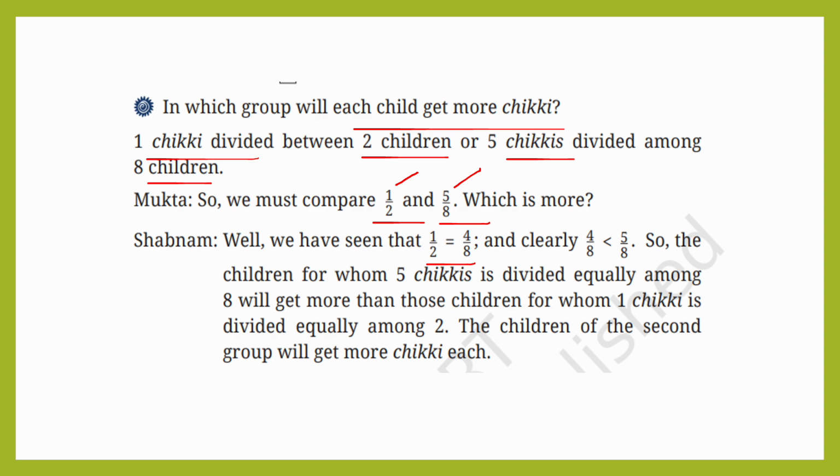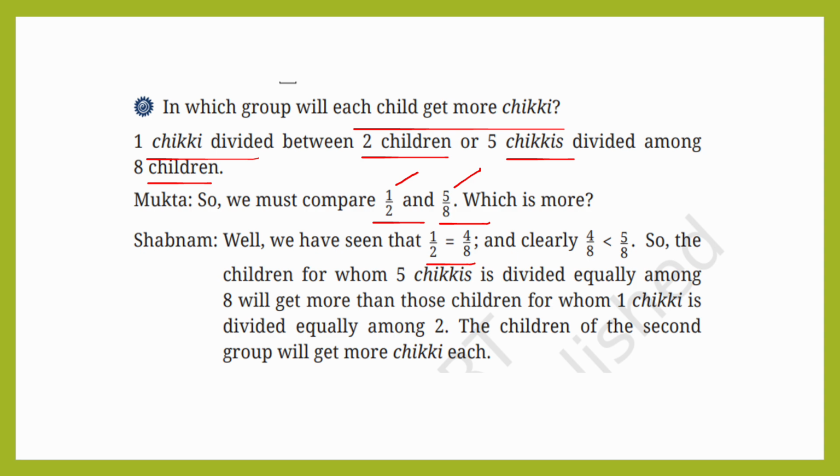See, in order to compare two fractions, we have to convert the denominators into same number. See, here in the first fraction 1 by 2, denominator is 2. In the second fraction 5 by 8, denominator is 8. So we can convert 2 to 8.